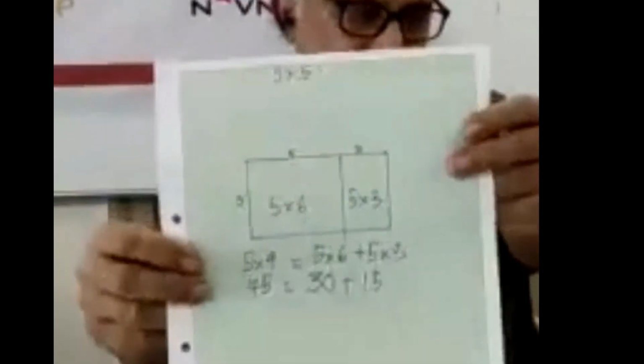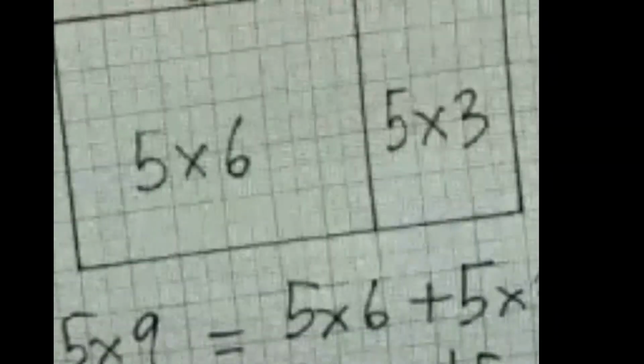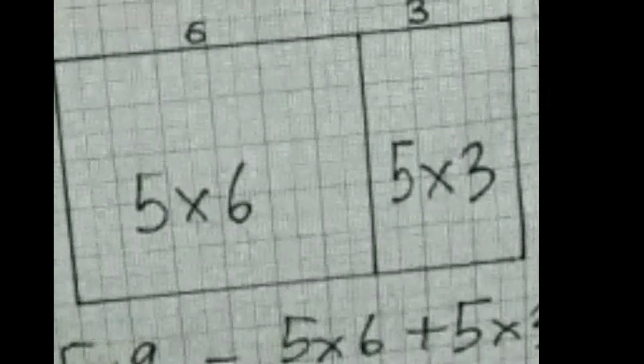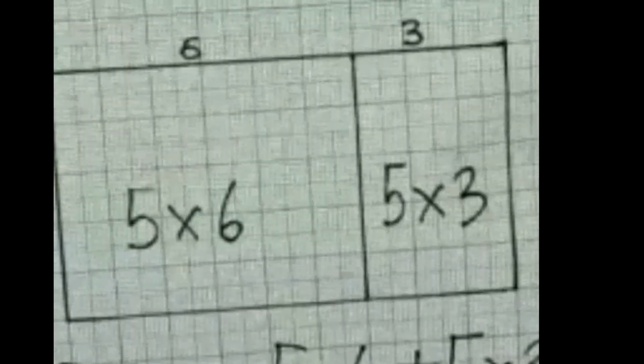What is the first rectangle? Navnirmiti? 6 into 5. And what is the second rectangle? 3 into 5. Very good. I will just show you what I have written here. Here we have 5 into 6 and 5 into 3.